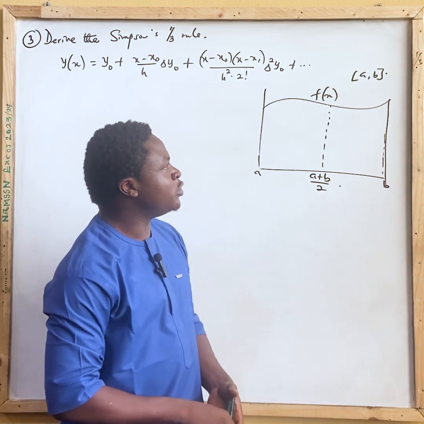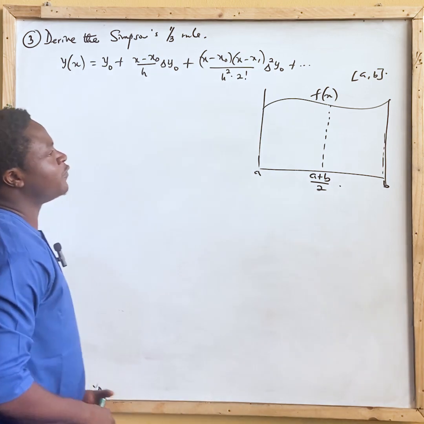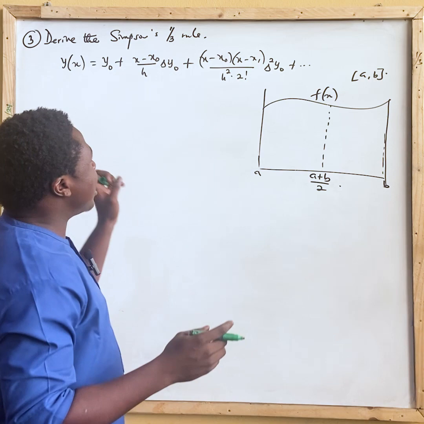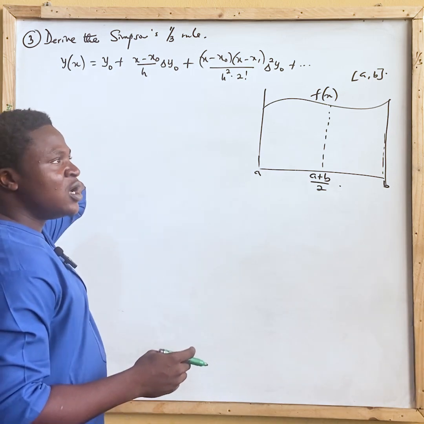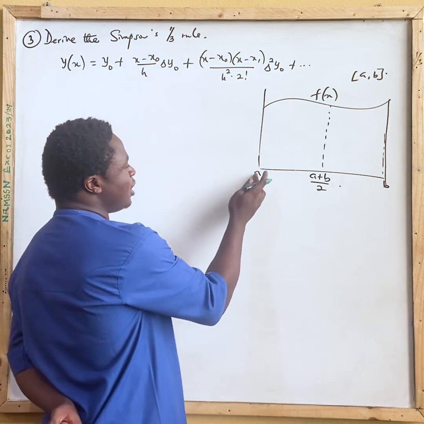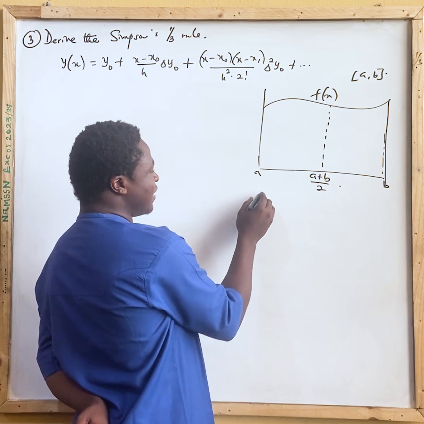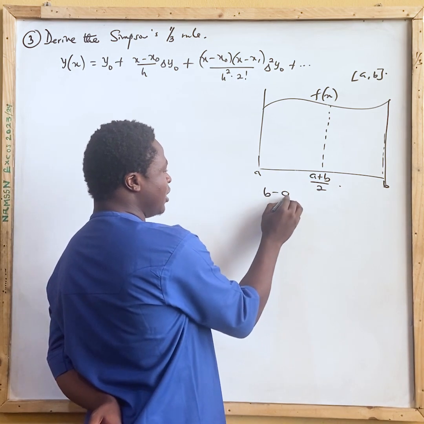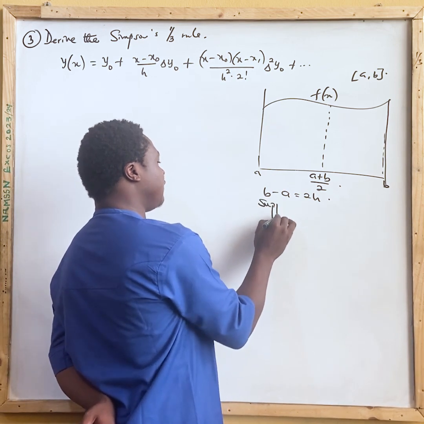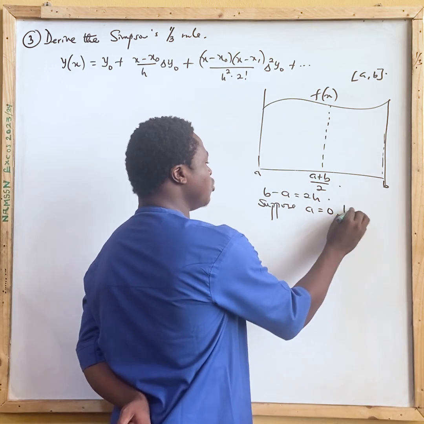Alright, so if we'll be doing this, we will be integrating our Newton forward formula from A to B. Now, because our Newton forward formula considers our values of x to be evenly spaced, the difference between A, the midpoint, and B should be the same. That is, the difference in values of B and A should be 2h. So if I suppose A to be 0, then B will be 2h.